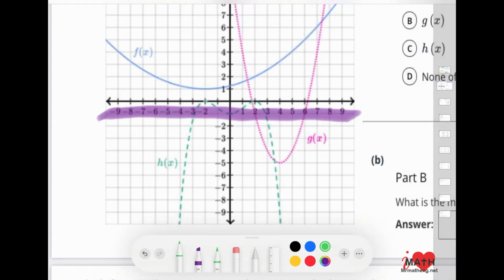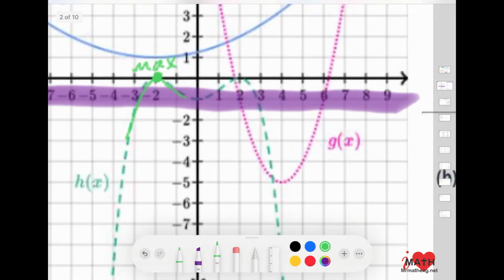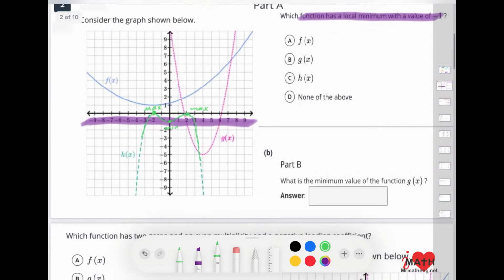The g of x goes, that purple line goes through it, but it's not the low point. And if you look at h of x, here is a maximum. And then it goes this way and hits here. This is a minimum. There you have a max. Okay, so that means, which one of these? That would be h of x.